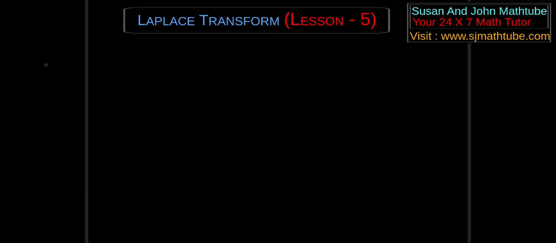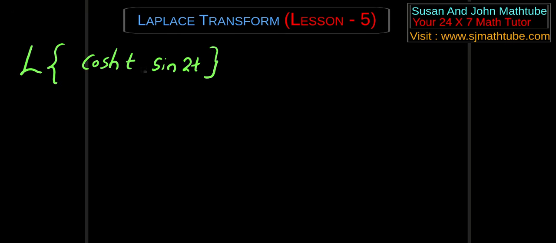Okay, now let's do one more problem in the same group. Find the Laplace of cos t into sine 2t. So what are we trying to find? Laplace of cos t into sine 2t.